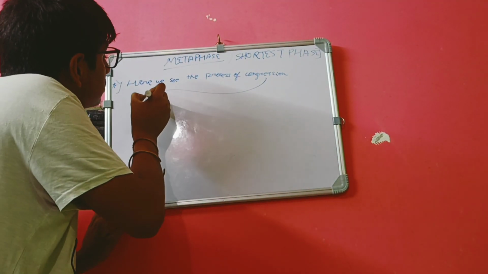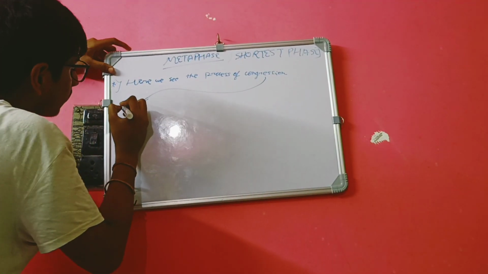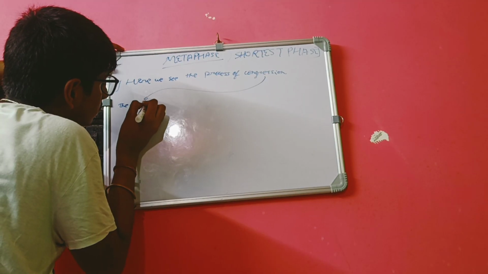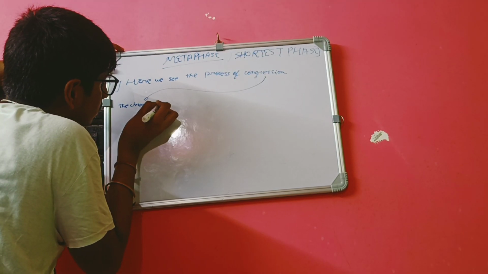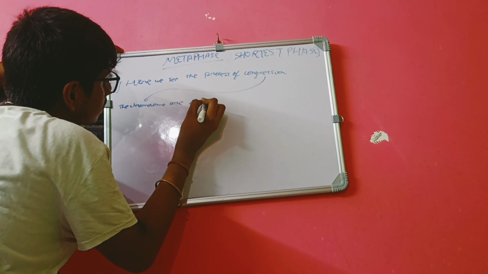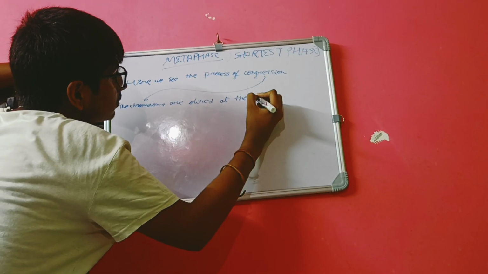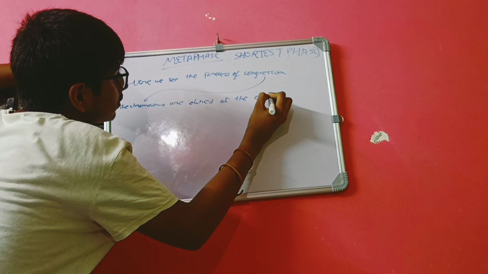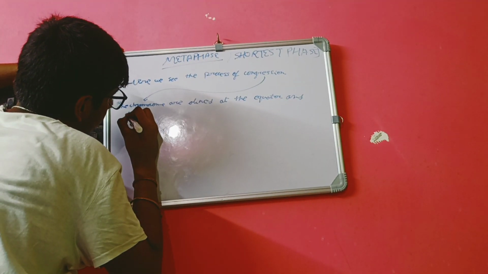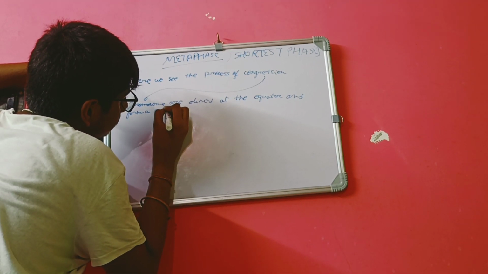So congregation means the chromosomes are aligned at the equator and form an equatorial plate.